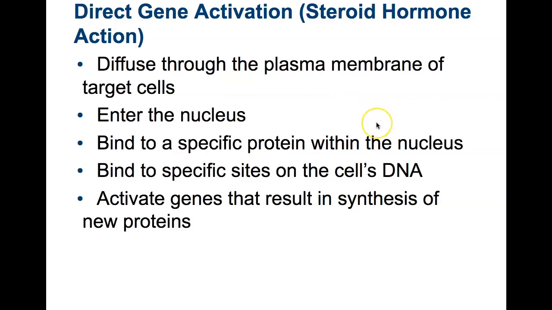So before it can even do any of that, the first thing it has to do is diffuse through the plasma membrane. All right, going back to basic biology again, think about what the plasma membrane is. It was that phospholipid bilayer that surrounds our cell and protects it.